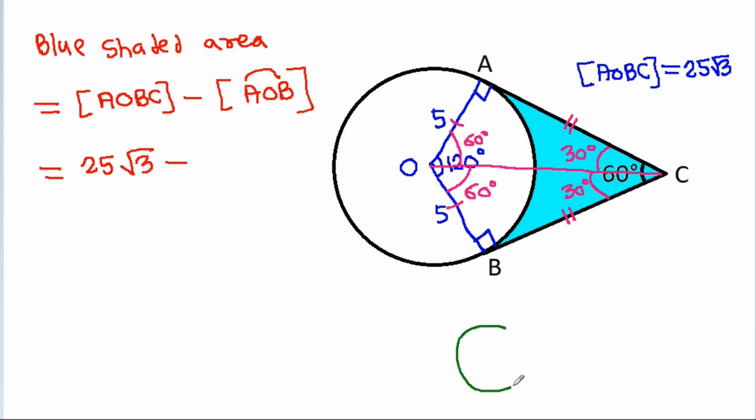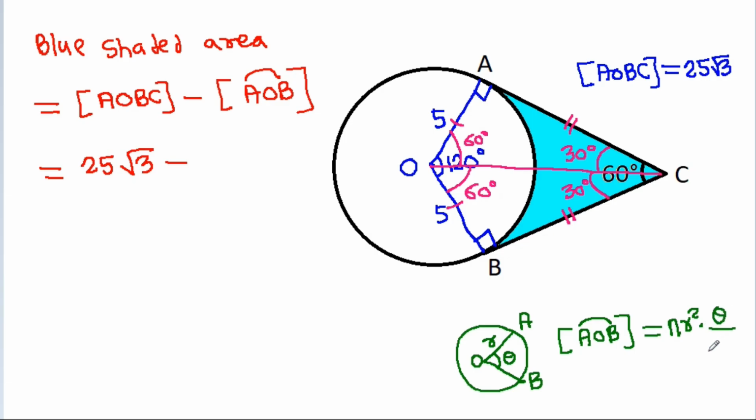And in any circle, if the center is O and this point is A, this point is B, the radius is R, and this angle is theta, then area of sector AOB is equal to pi r square times theta by 360 degrees.